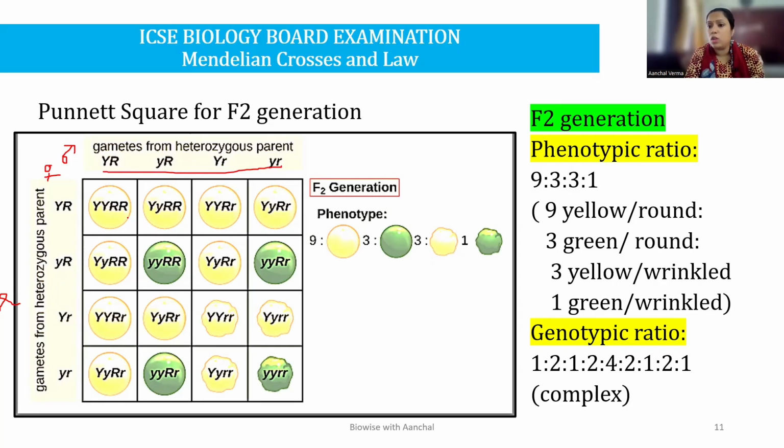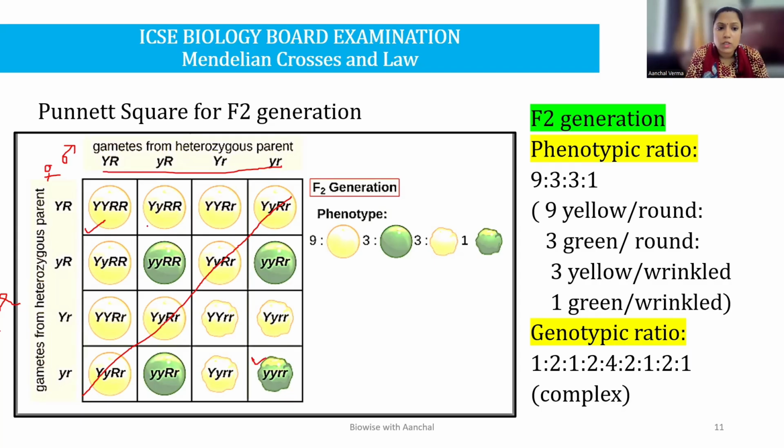Always remember the total of whatever you get, the ratio should be 16, and 9:3:3:1 is the F2 generation phenotypic ratio. Now here when you do the combinations, you see that this diagonal will have similar combinations, capital Y, capital R, small r, that is the parental, that is the F1 genotype. Then this one is purely dominant and this one is purely recessive.